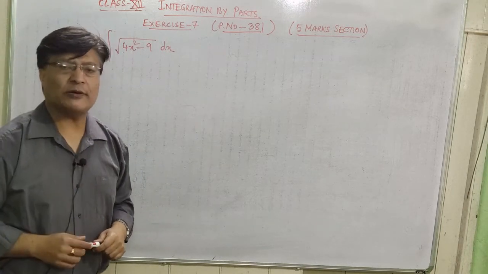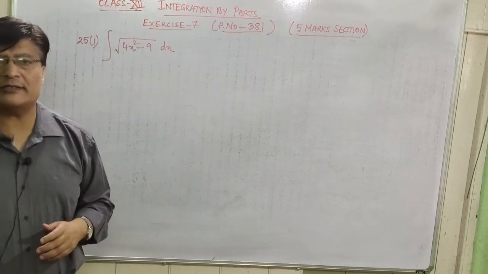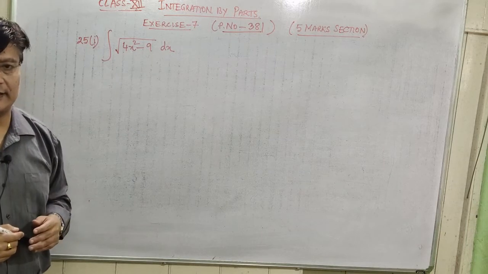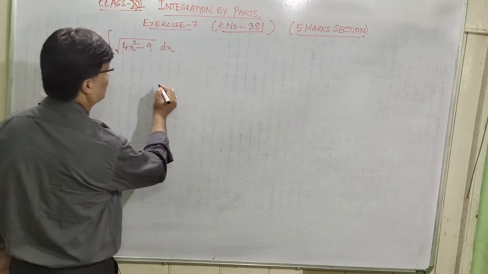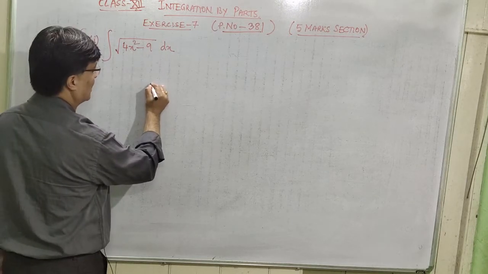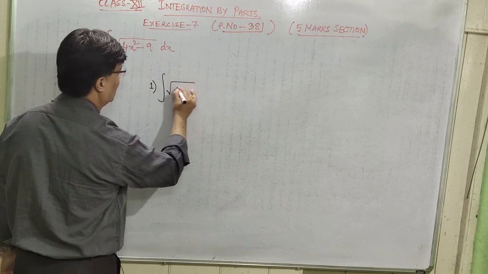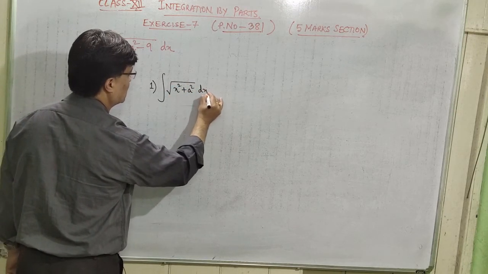In the previous online classes I told you about 3 standard integrals in this chapter, integration by parts. Let us revise it. The first standard integral is the integral of root over x square plus a square dx.